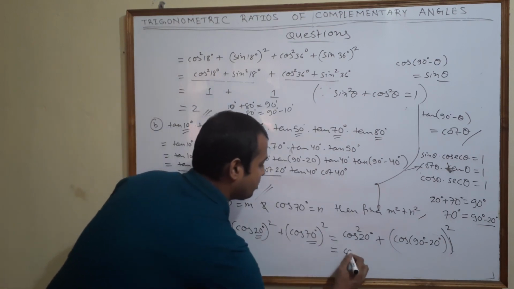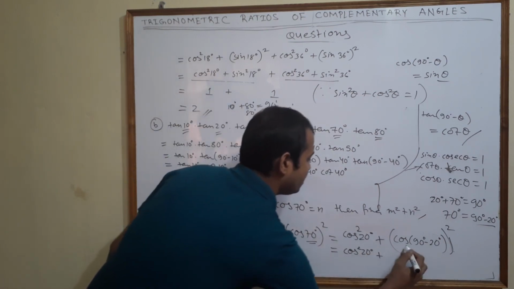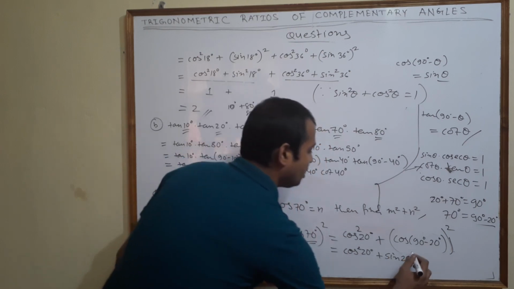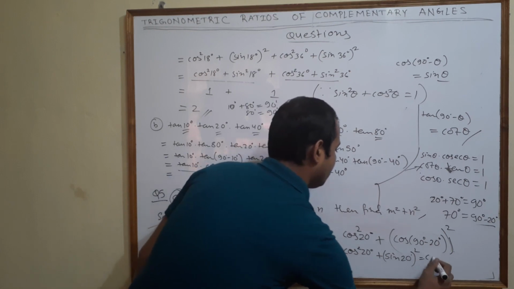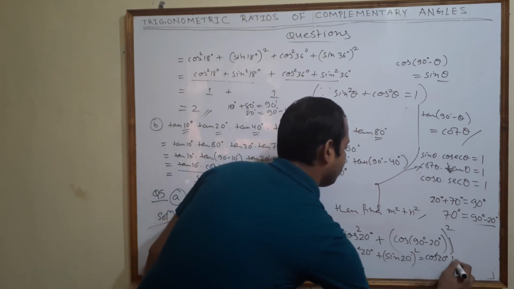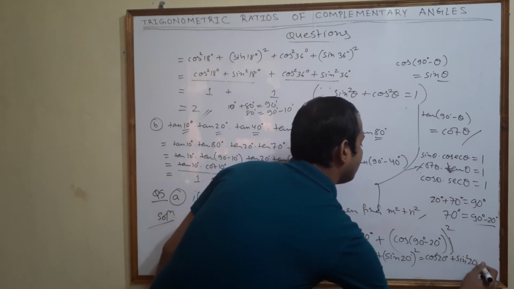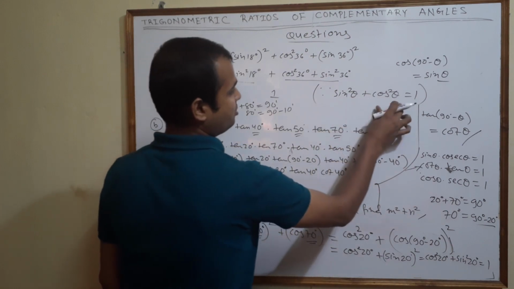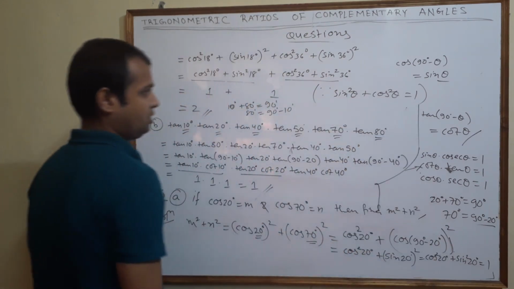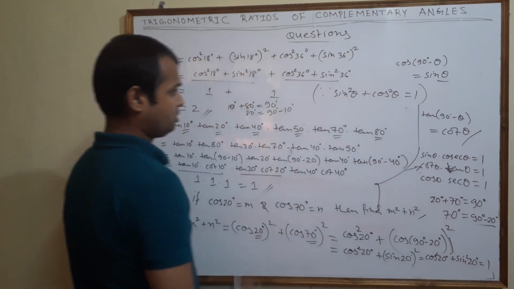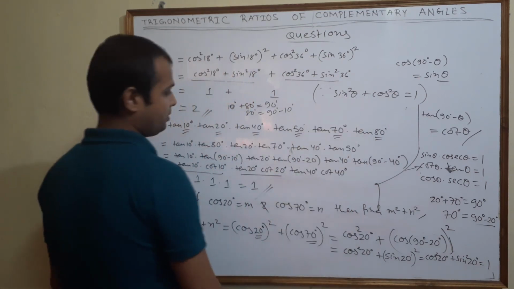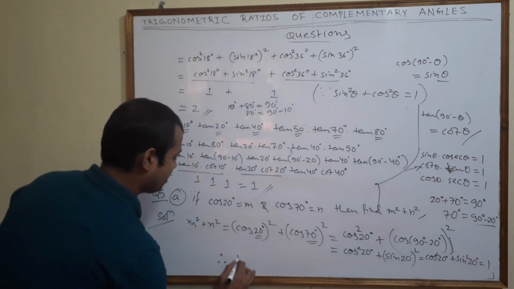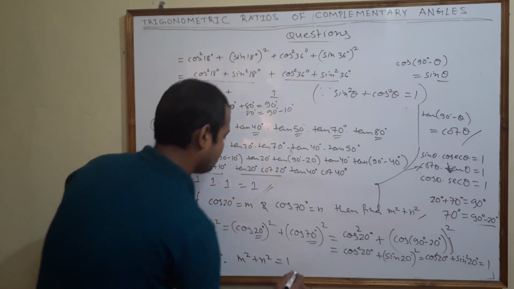And in the next step, cos square 20 degree plus this will become sin 20 degree whole square, then cos square 20 plus sin square 20 degree, that will be 1, because sin square theta plus cos square theta is equal to 1. I have already sent notes in which you will find these formulas. So therefore m square plus n square is equal to 1. Done.